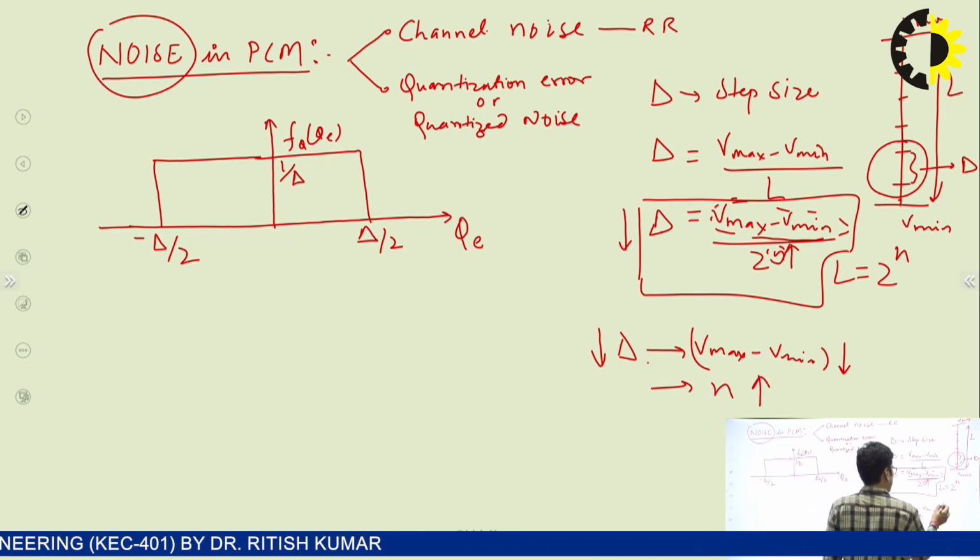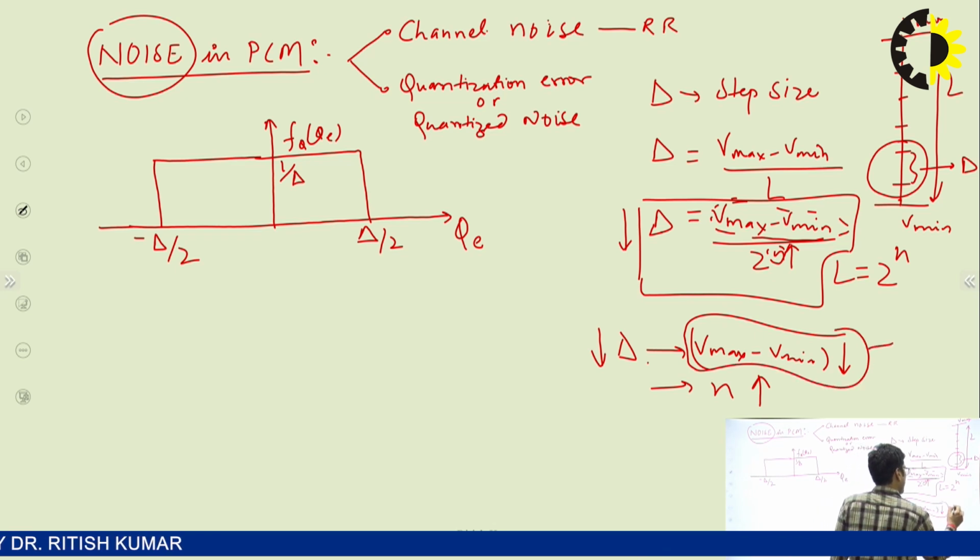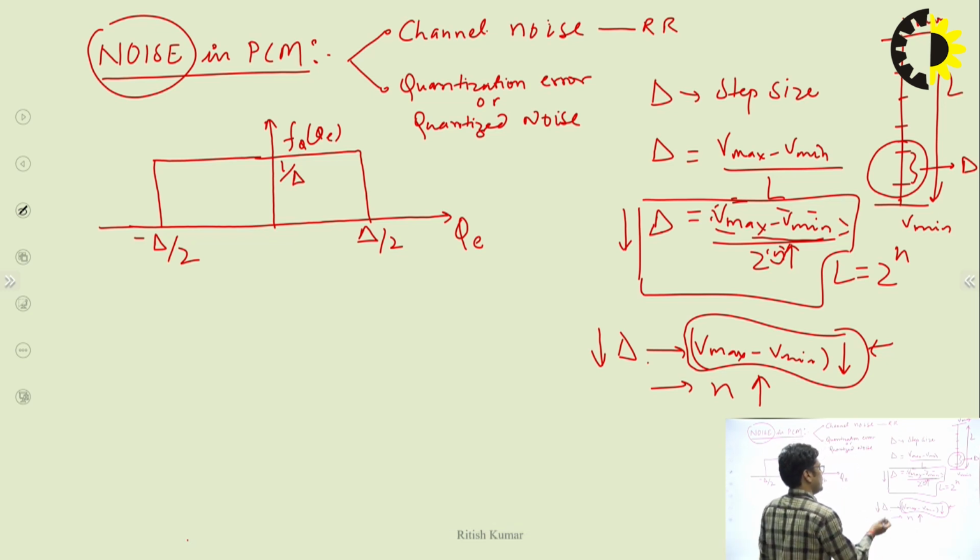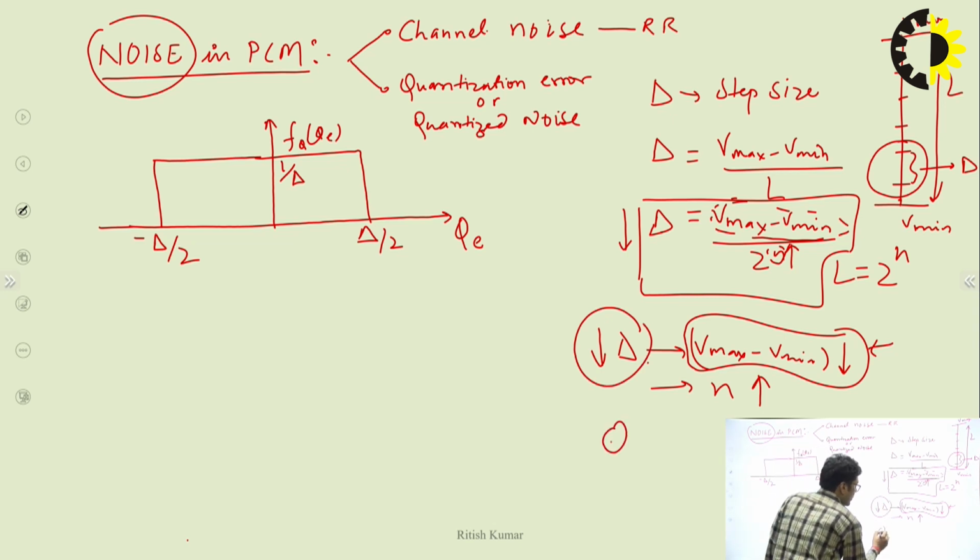Decreasing the dynamic range is difficult, while increasing the number of levels is easier. Why do we need to decrease the step size? As we know, the maximum quantization error is always equal to plus minus delta by 2.